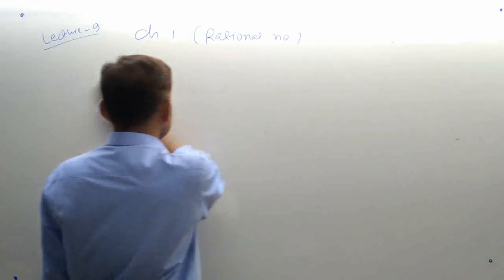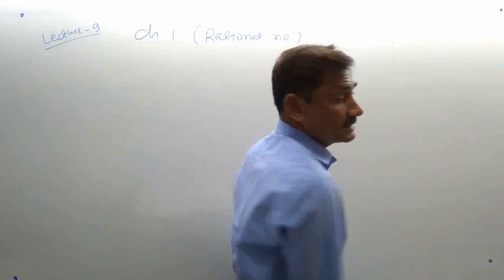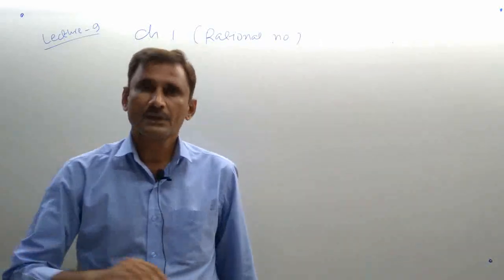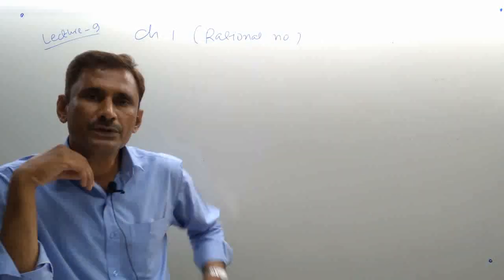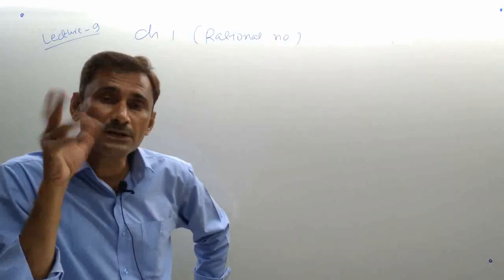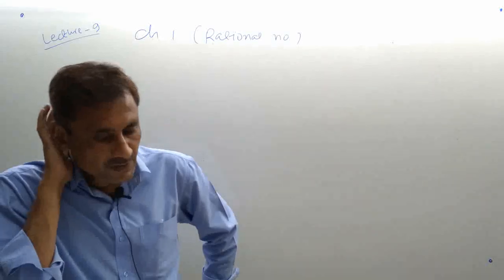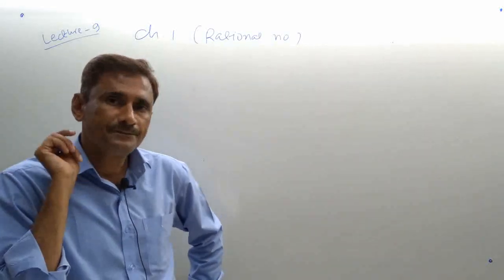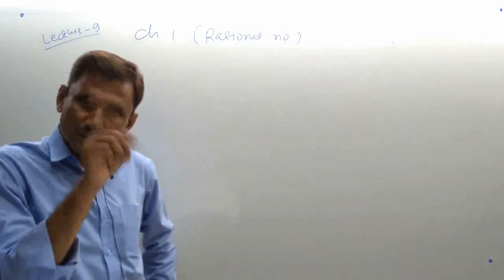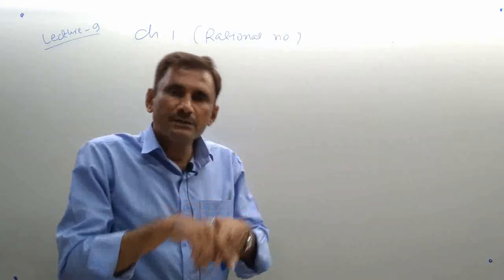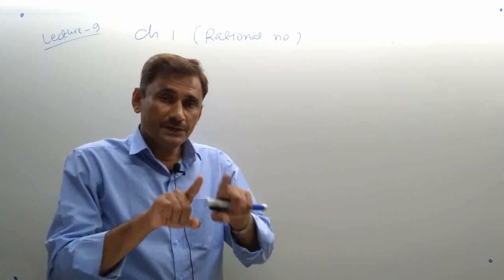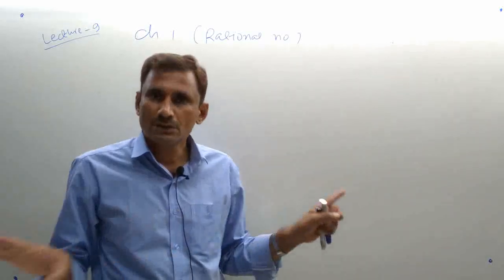So sequence is not important, and that is called commutative law. Any way you can multiply any two numbers. So that is called commutative law, or commutative property. In addition also commutative property was there, here in multiplication also. But in subtraction and division, not.